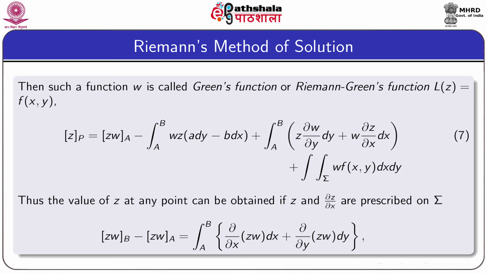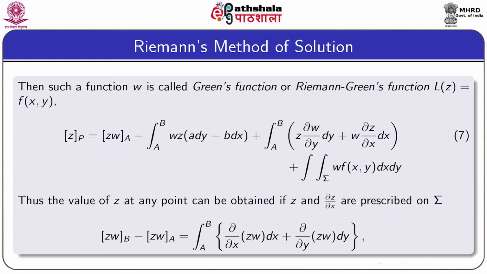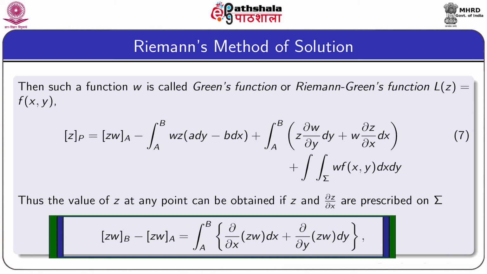So, the value of z at the point P can be written with the expression in equation number 7. So, the value of z at any point can be obtained if z and ∂z/∂x are prescribed on sigma. Again we know the relation zw at B minus zw at A equals the integration from A to B of ∂/∂x of zw dx plus ∂/∂y of zw dy.